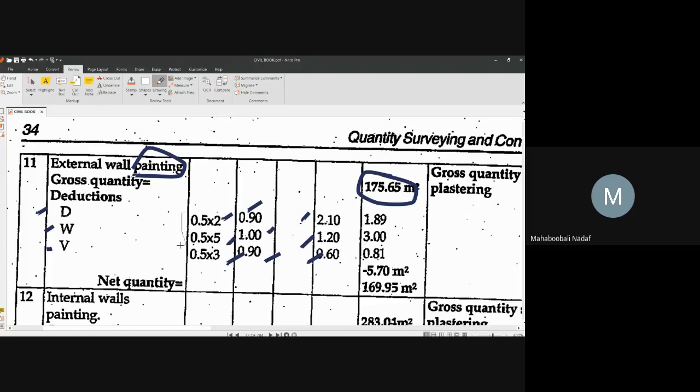That is why only half of them is taken. This is the rule. Don't ask why it is like that. You have to take half of the deduction. So that deduction comes out to be minus 0.57, and this is 175, and you are getting 169. Is that clear?